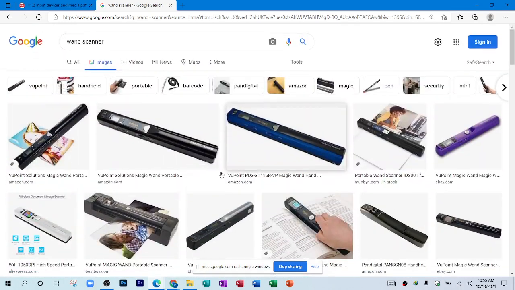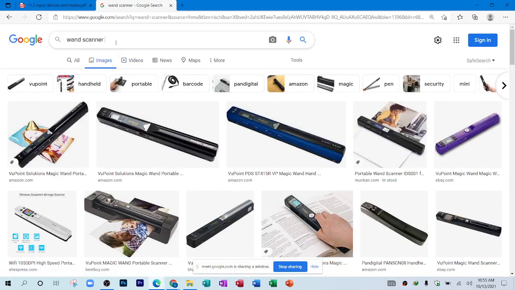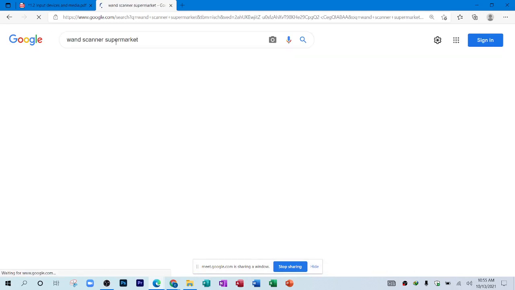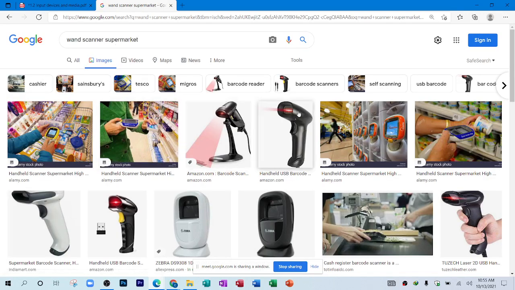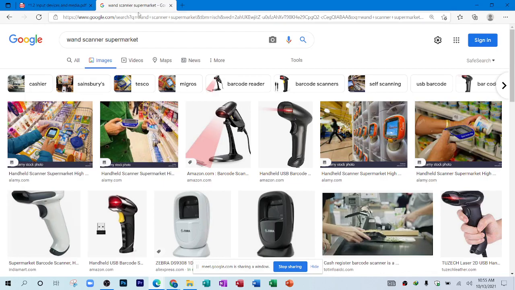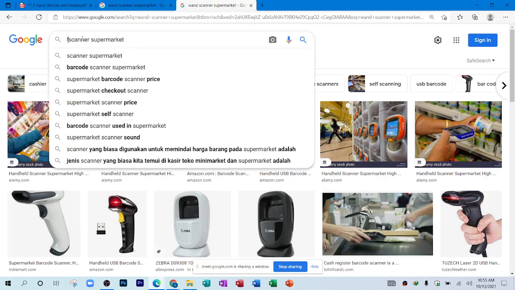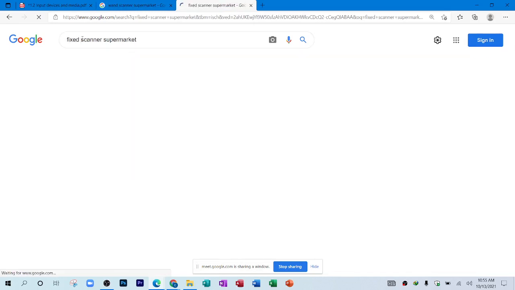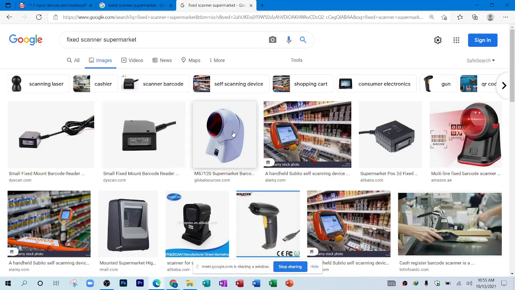I'm looking for one that you might see in a supermarket. So this might be one that you would see in a supermarket. This is a wand scanner. So you would hold it in your hand and it would scan the item. Now a fixed scanner would look something like this here.